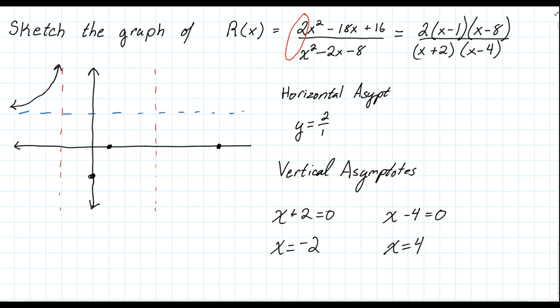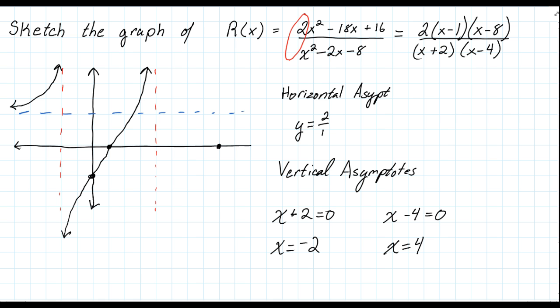Similarly, over here, I have to start at negative infinity. I know it's either positive or negative infinity, but I don't cross the x-axis on the left-hand side of the y-axis. So I'm going to start here, and then I'm going to go through both of my intercepts, and then head up to my second vertical asymptote at x equals 4.